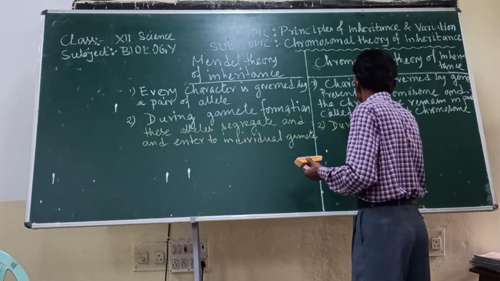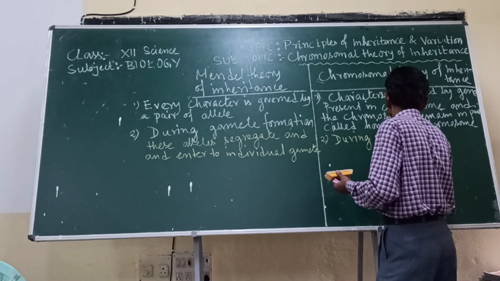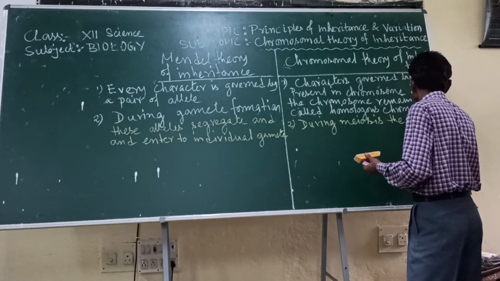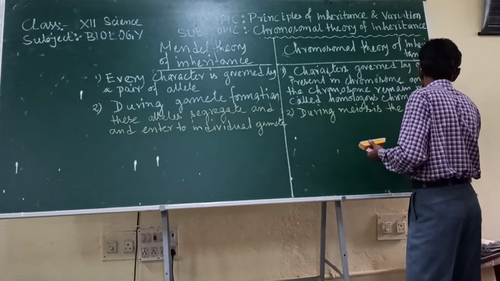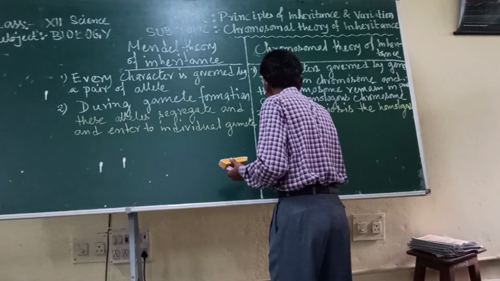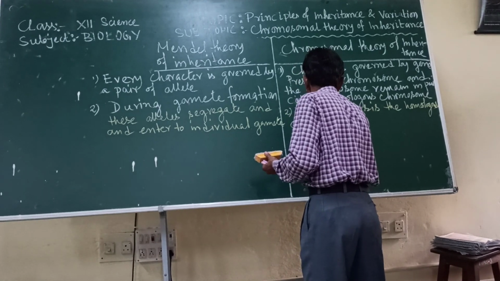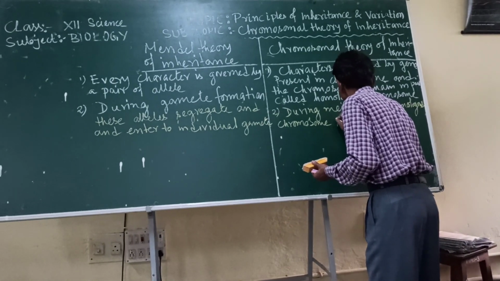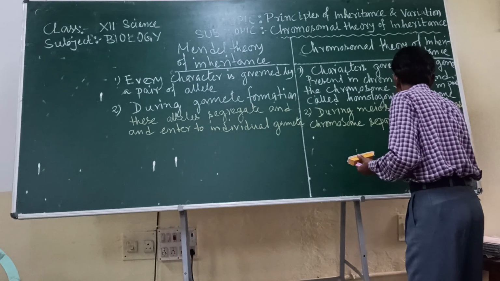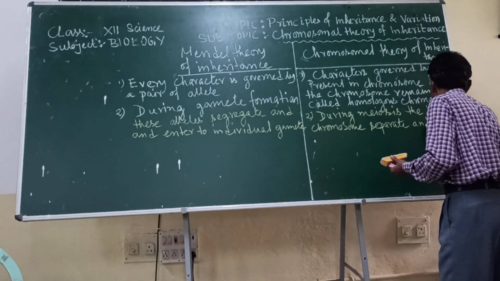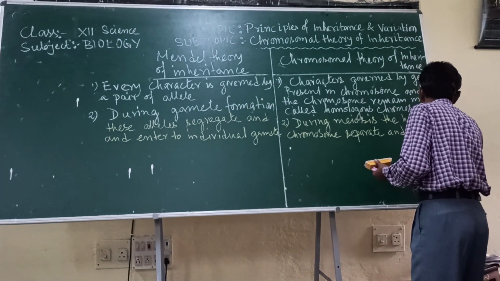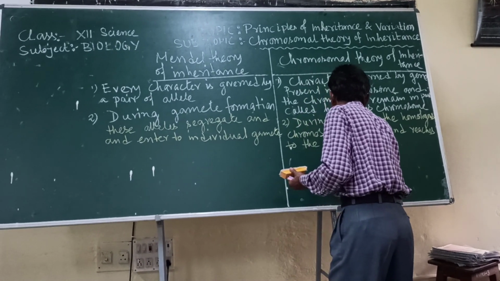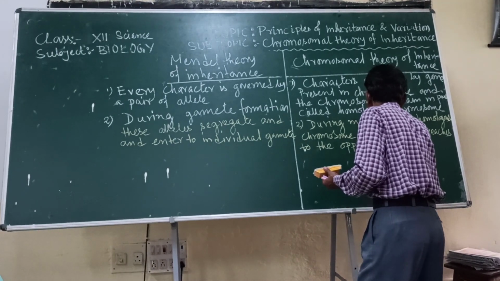During meiosis, the homologous chromosomes separate and reach the opposite poles.